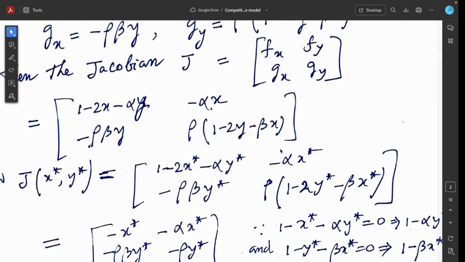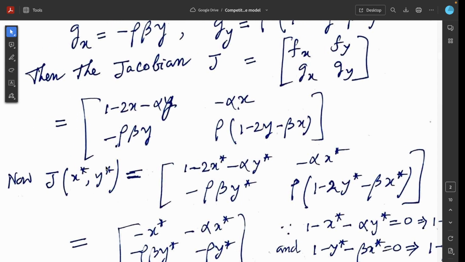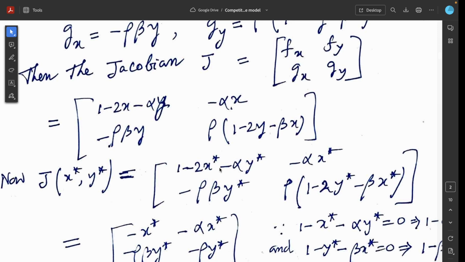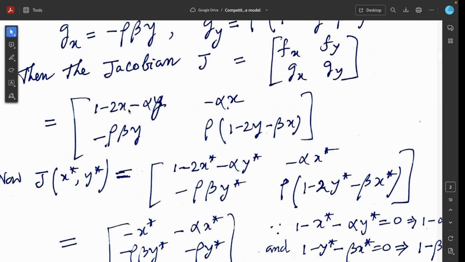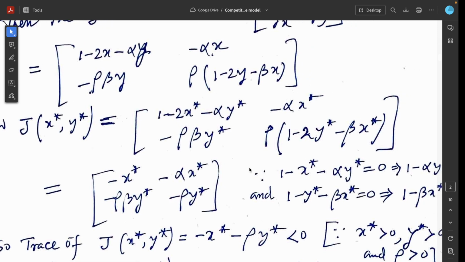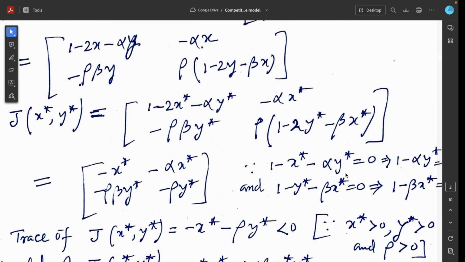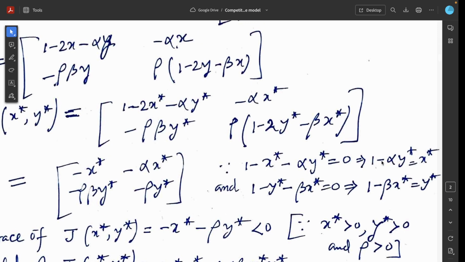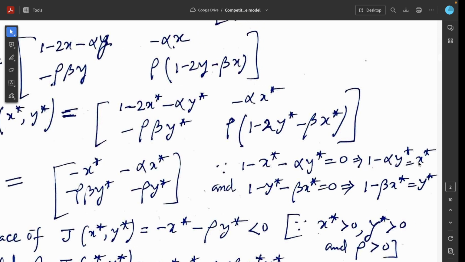Then the value of the Jacobian at the point (x star, y star), the coexisting equilibrium point: we put x star and y star in place of x and y, so we get this. Since (x star, y star) is the equilibrium point, it satisfies the equation 1 - x star - alpha y star equals 0, and from this we get 1 - alpha y star equals x star.